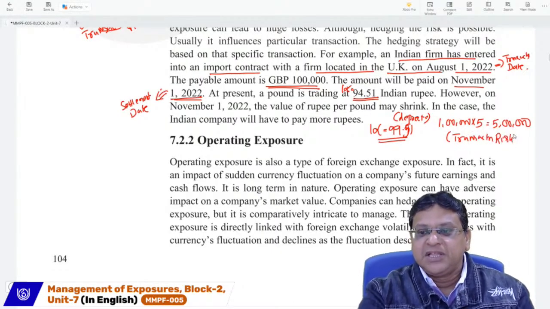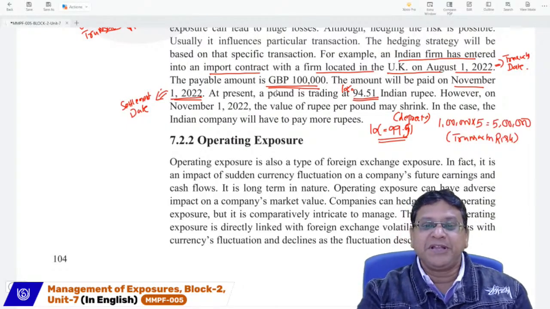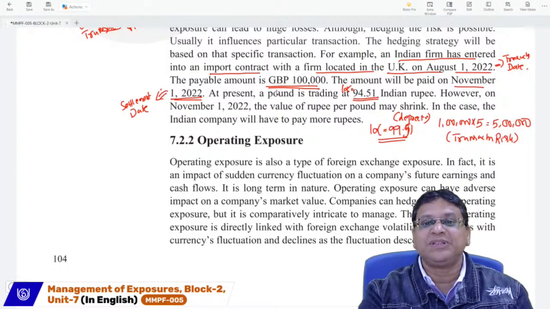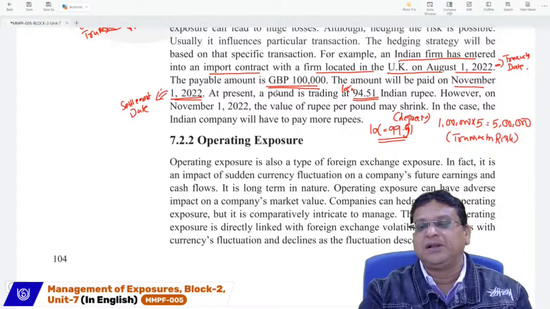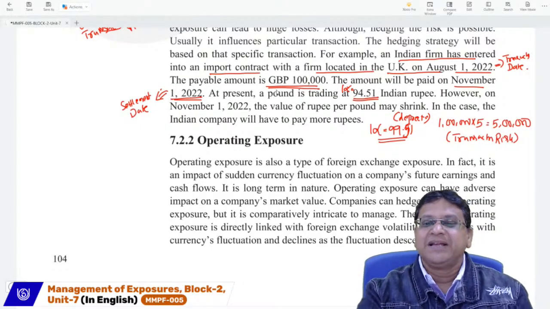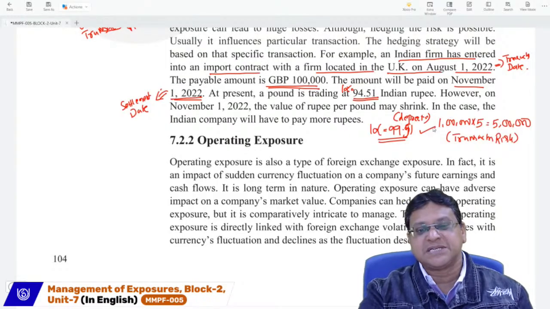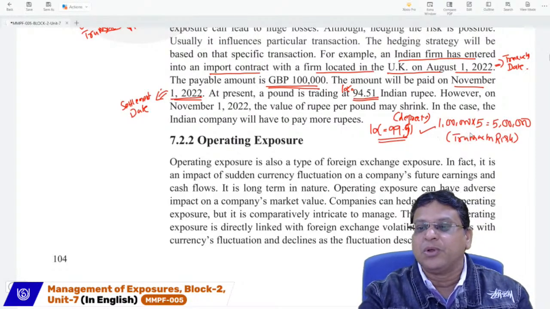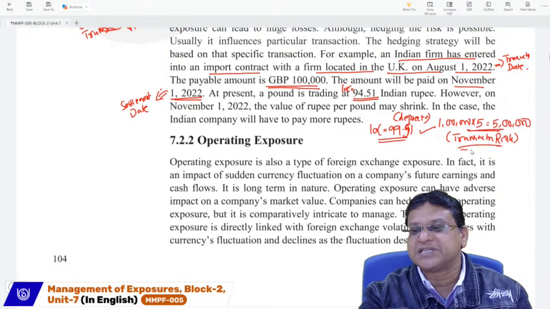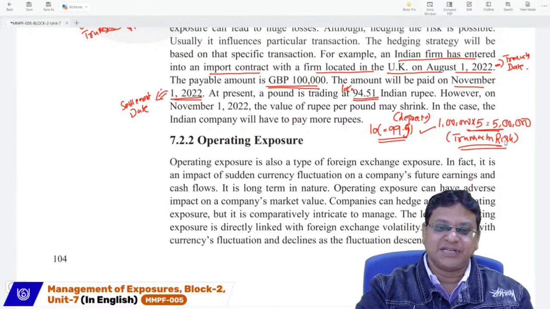You have to pay 1 lakh pounds either way. But on the transaction date, 1 pound would be 94.51, while on the settlement date it becomes 99.51 because the rupee value depreciates and the pound value appreciates. You have to pay 5 rupees extra per pound. So your transaction risk is 5 lakh rupees.